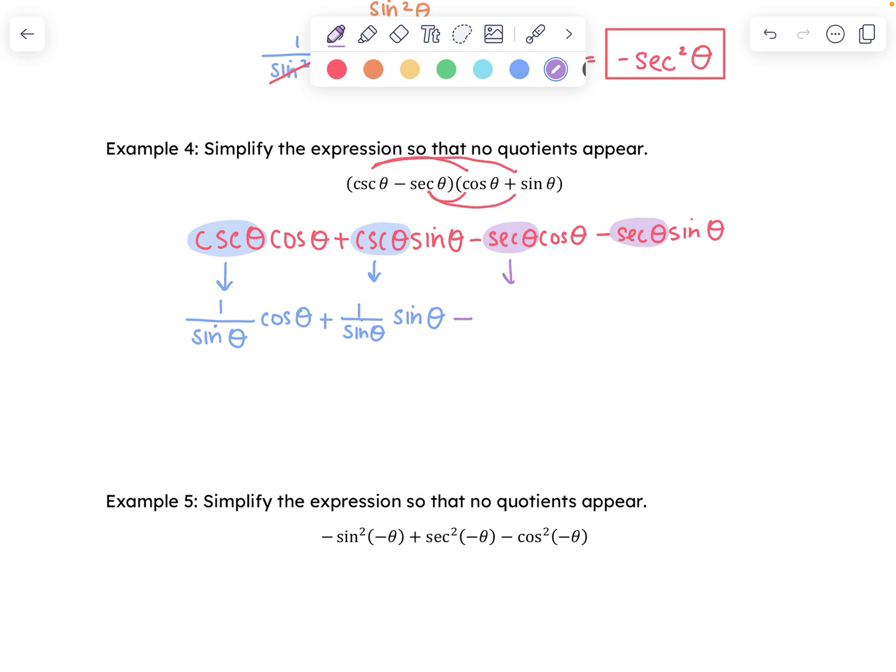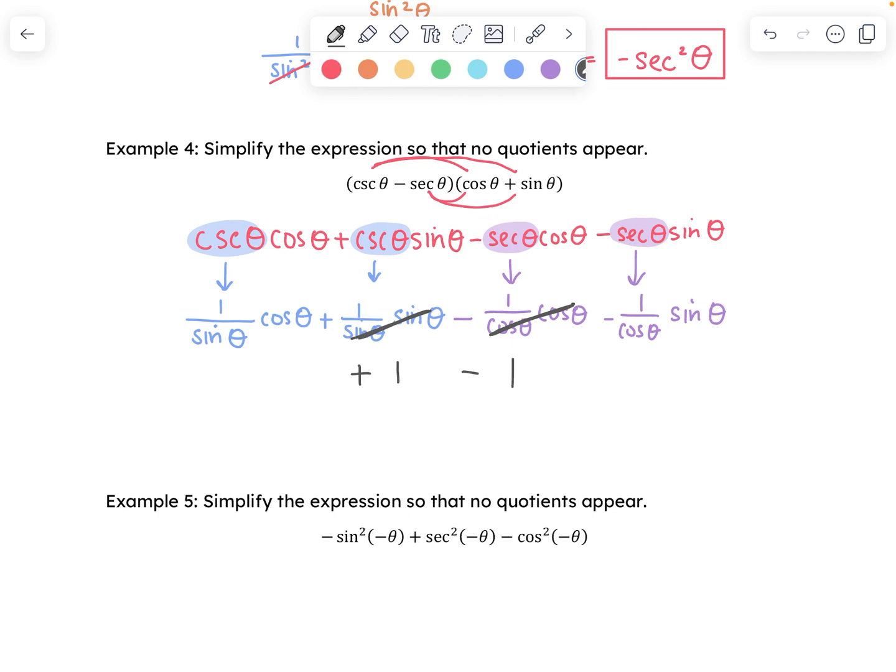Our secants are going to change to 1 over cosine theta times cosine theta, which will simplify, and minus 1 over cosine theta times sine theta. So right here and right here, simplify. That's going to give me plus 1 and minus 1.